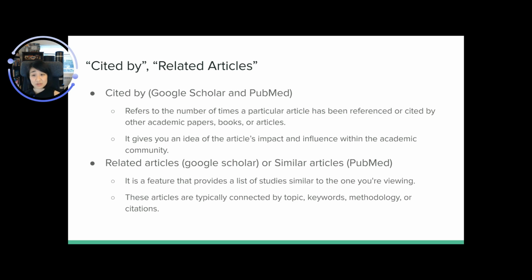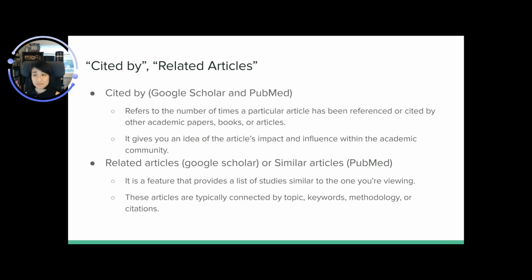This gives you an idea of the article's impact and influence within the academic community. Sometimes you'll see cited by 200, 800, 1,000, sometimes only 2 citations. It gives you an idea whether this is a high impact paper or maybe a low impact paper, with high influence when you see a large number of citations.